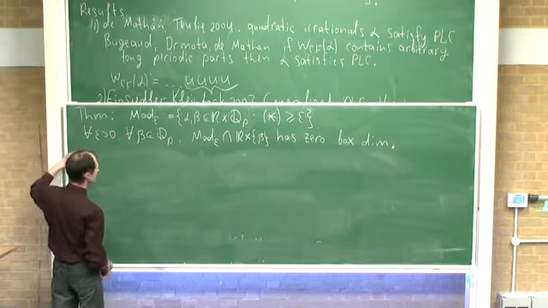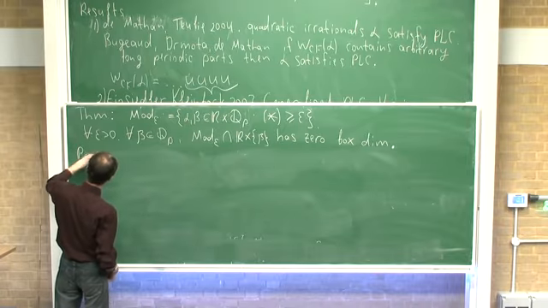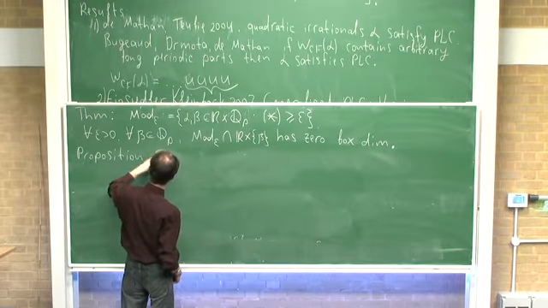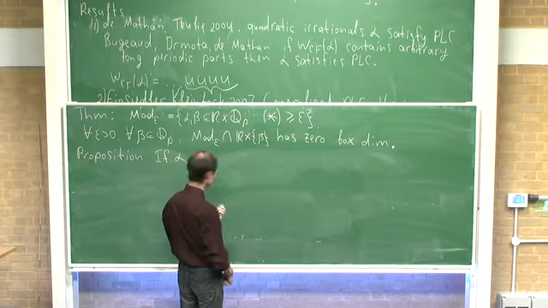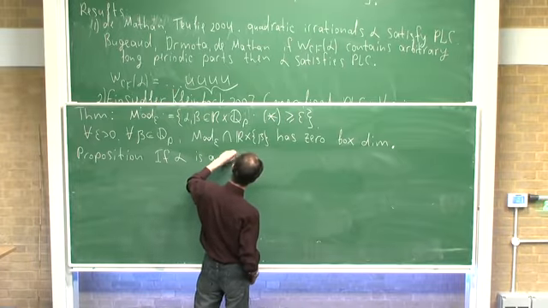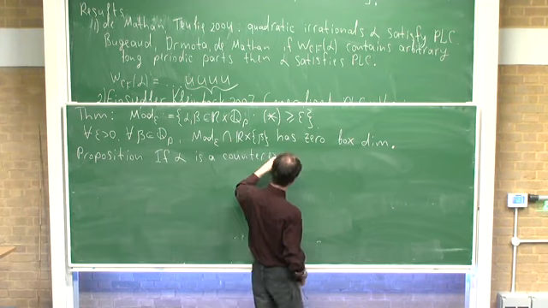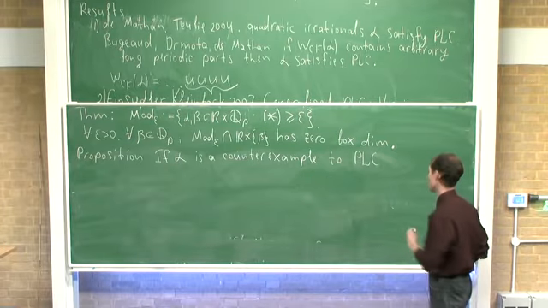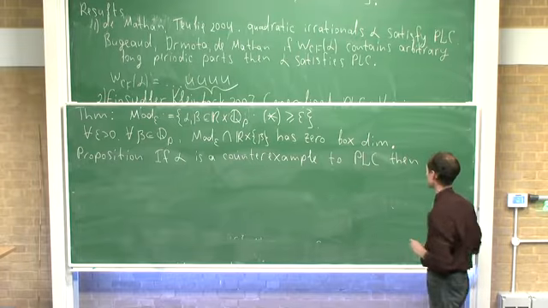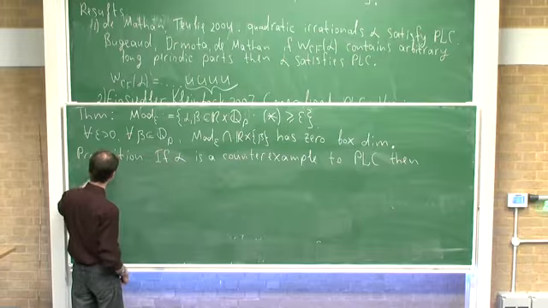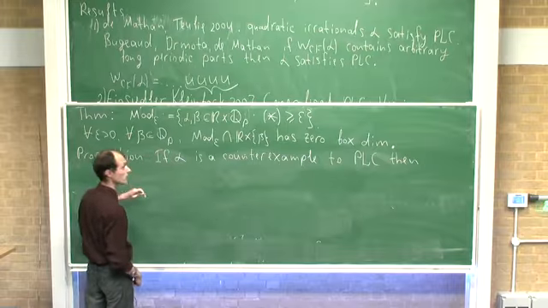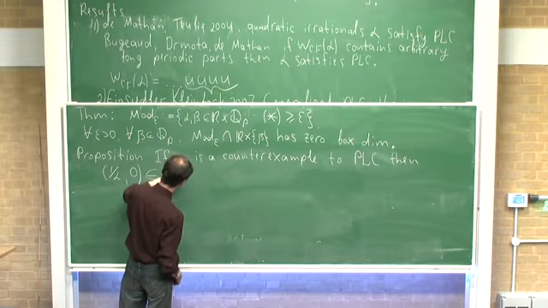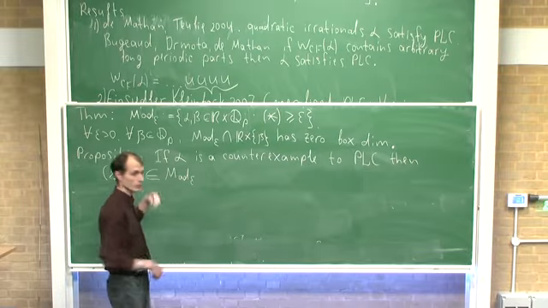So they proved, let's call it a proposition: if alpha is a counterexample to the periodic little conjecture, then the following pair, 1 over alpha, 0, should belong to Med epsilon. So it should be a counterexample to the generalized little conjecture.